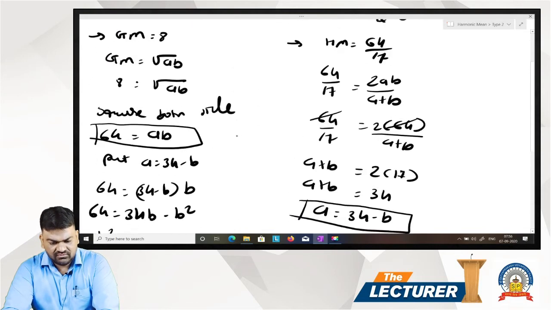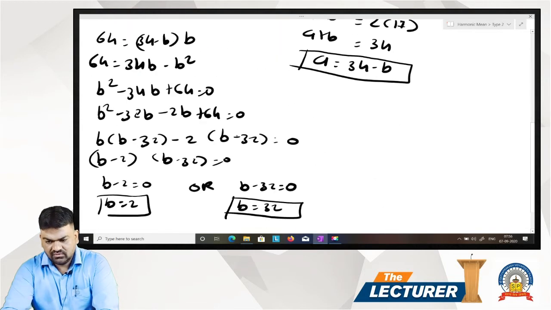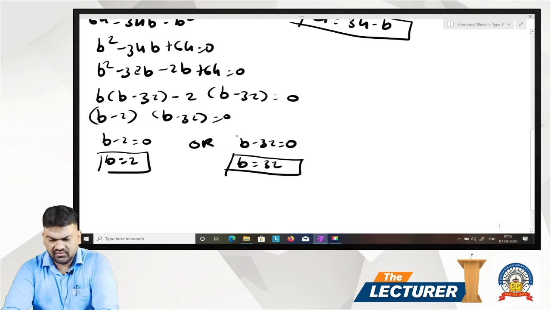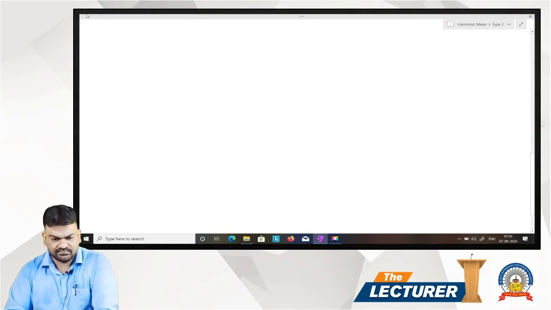Now find A. A is equal to 34 minus B. First put B is equal to 2: 34 minus 2, 32.